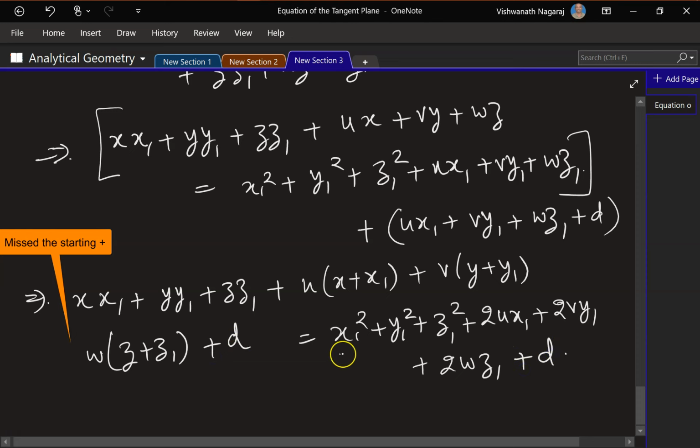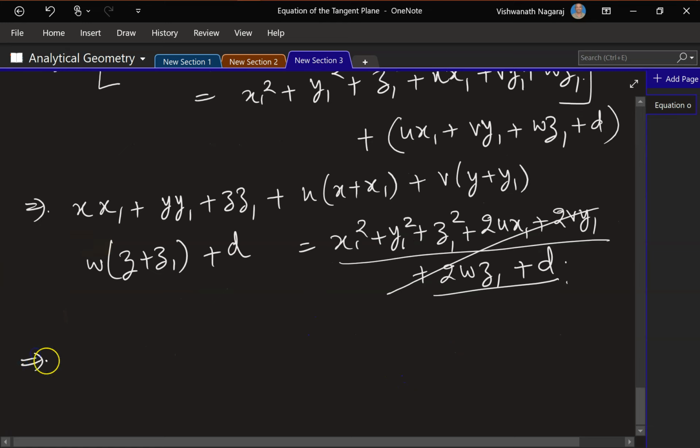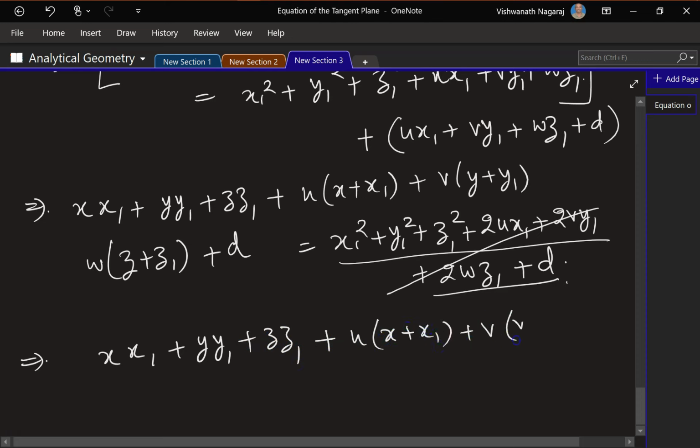Now look at this. This looks very familiar, right? So what is this equal to? It is equal to 0, which means we can strike it out. So we are left with x x1 plus y y1 plus z z1 plus u(x plus x1) plus v(y plus y1) plus w(z plus z1) plus d equal to 0.